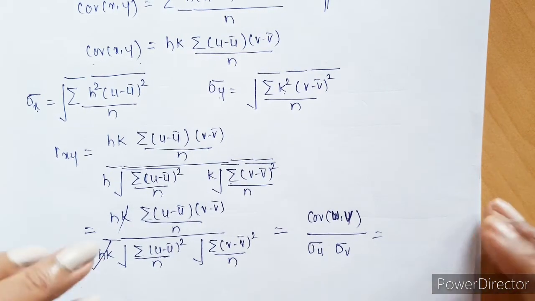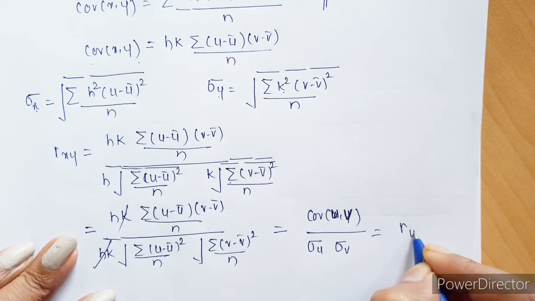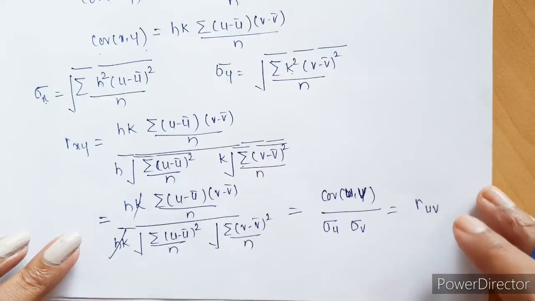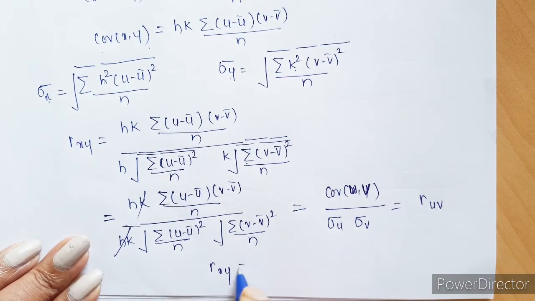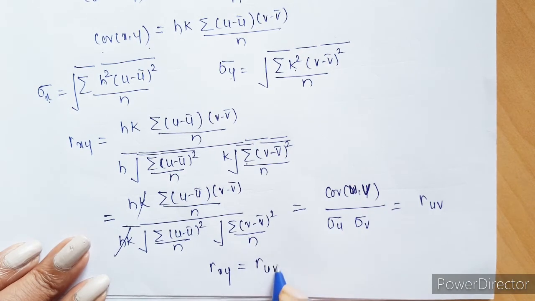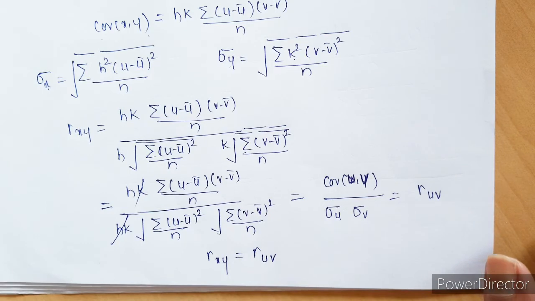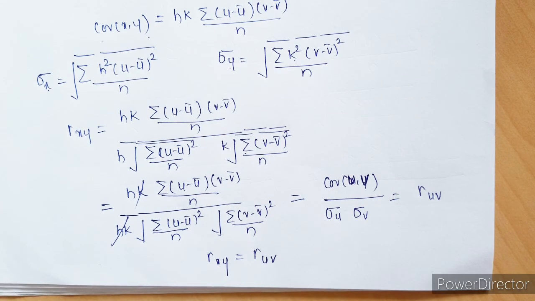By the formula of correlation coefficient, we can write this as the correlation of uv. So what we got is that the correlation coefficient of xy is equal to the correlation coefficient of uv. Even after changing its origin and scale, the correlation coefficient is not going to change. It is independent of change of scale as well as change of origin.